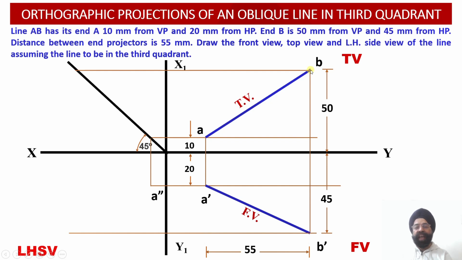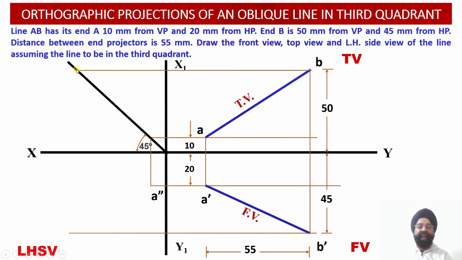To convert this distance from the top view into the profile view projection, we have to draw a horizontal projection line emerging from the point B and extend it till it meets the transfer line which has already been drawn at an angle of 45 degree. Once this construction line from the end B in the top view intersects with the transfer line, one point corresponding to the plan projection B has been obtained.